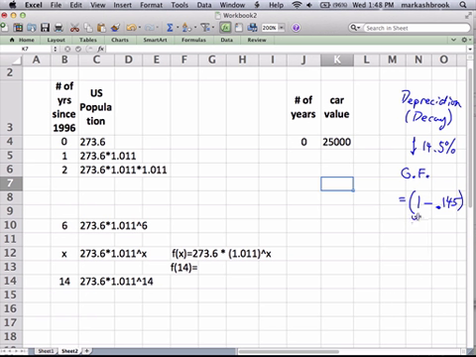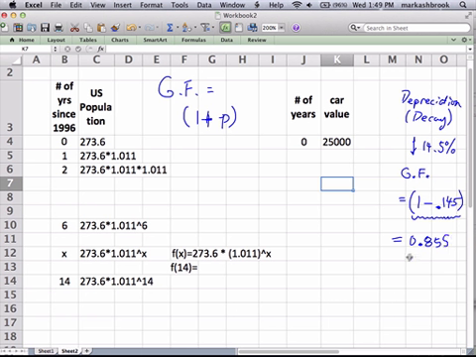So get in the habit of always writing the growth factor as either 1 plus p or 1 minus p. If p is positive, that's growth. If p is negative, it's decay. Okay? So what is that growth factor? 0.855.